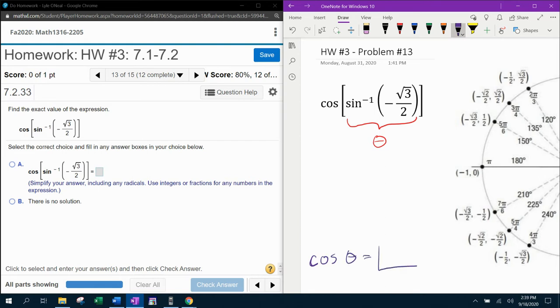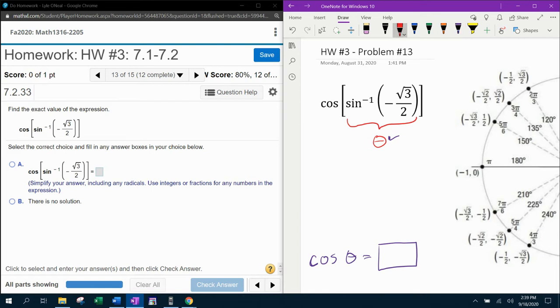Whatever cosine of theta is, that's going to be my final answer, depending on whatever this theta is. So it's a two-step process. First, we're going to have to find theta, and then we can figure out cosine of theta.